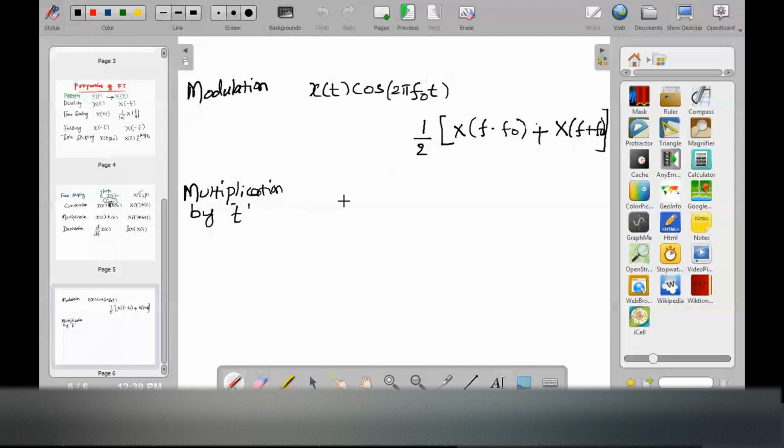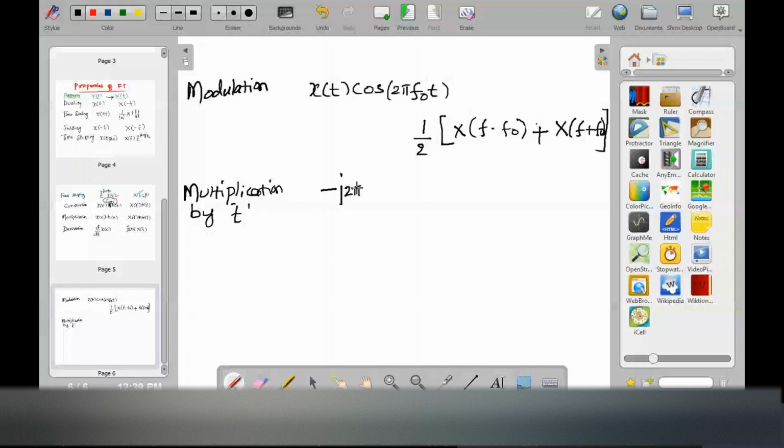Next, one more property is multiplication by t. Suppose I multiply x of t by the parameter t, with a factor of minus j 2 pi t.